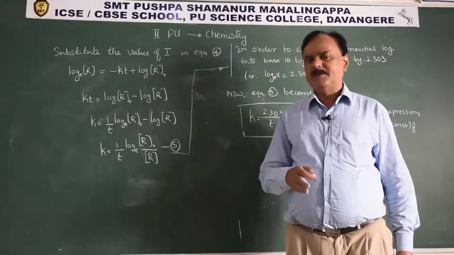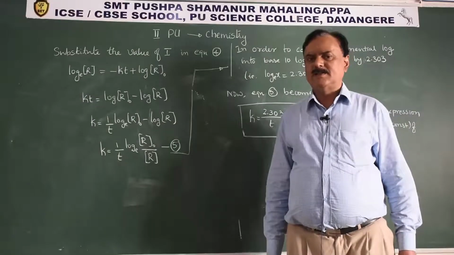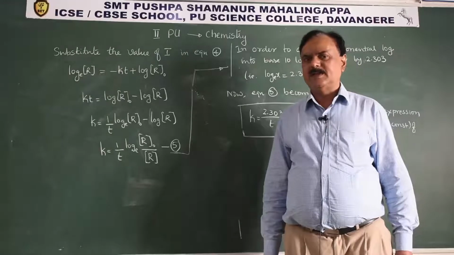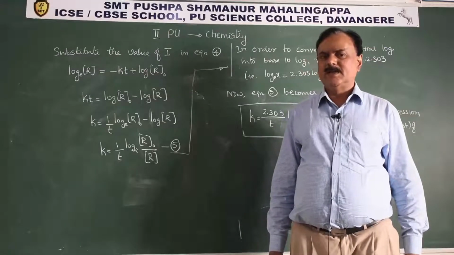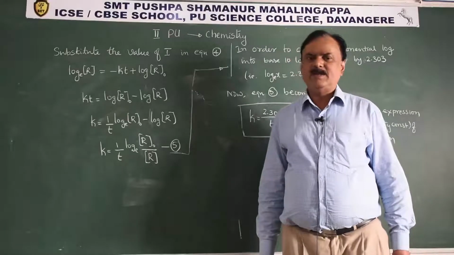Then according to the definition of the rate, rate is equal to the decrease in concentration of the reactant per unit time. The minus sign indicates that the concentration of the reactant decreases. Therefore rate is equal to minus dR divided by dt.